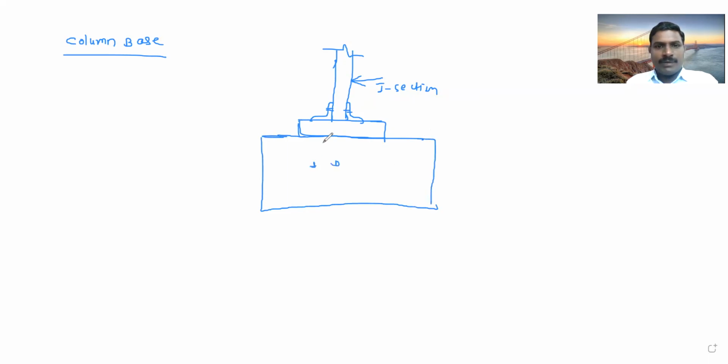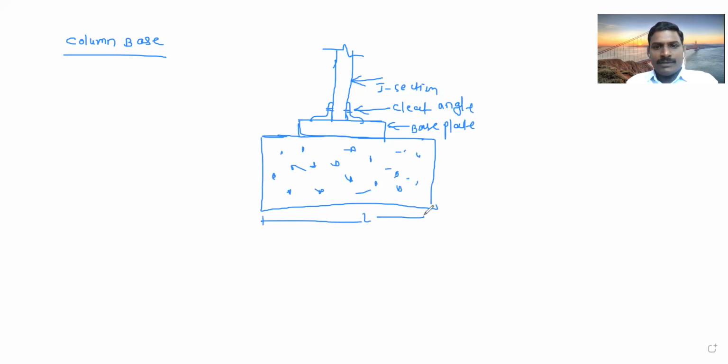So this is the concrete pedestal, and this is the base plate. This base plate we have to design. This is the cleat angle. This is the concrete. This is the length. So this is the elevation.